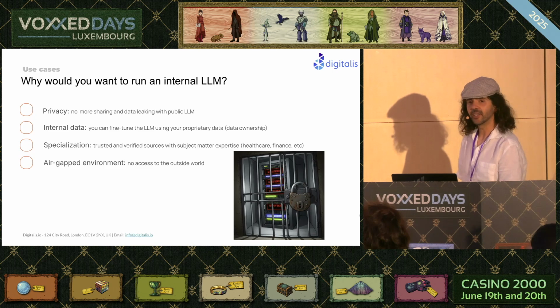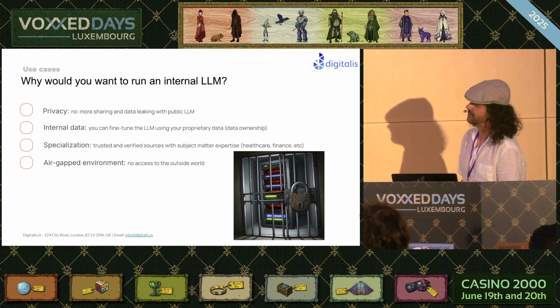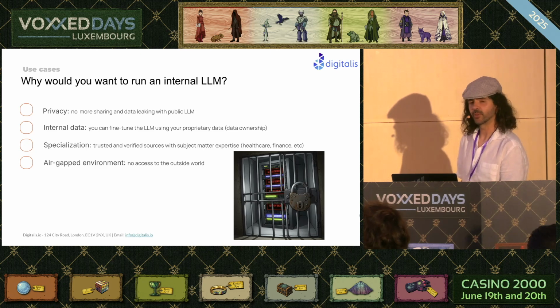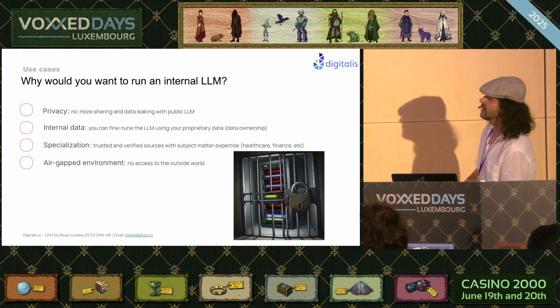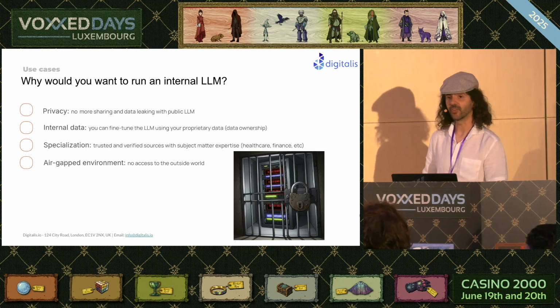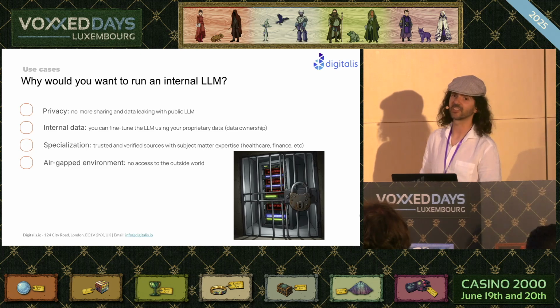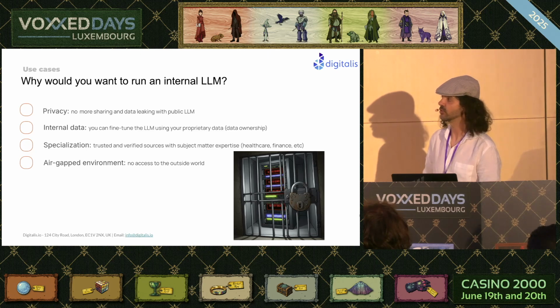There hasn't been a lot of talk about security and privacy, and that's one of the most important reasons why we need to create and deploy an internal LLM. Another thing is that your data is your data. The data is very important, so don't share it too much. You don't want to share your intellectual property with other companies. It's yours to use.